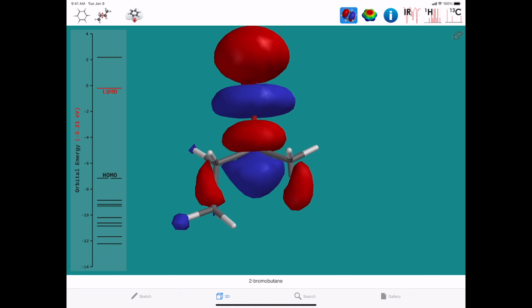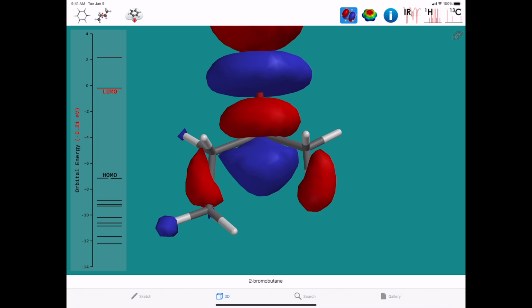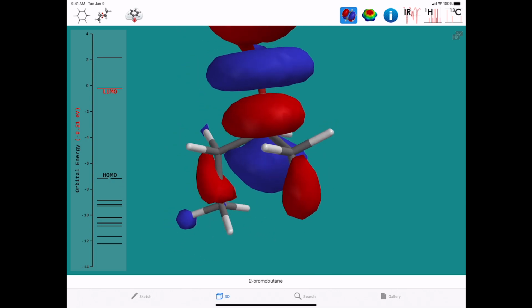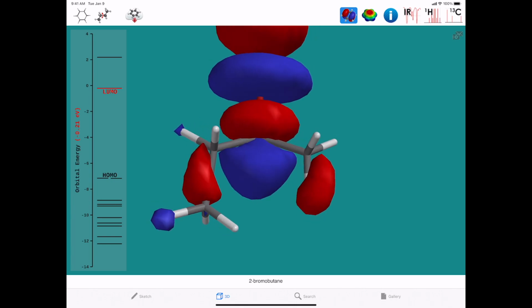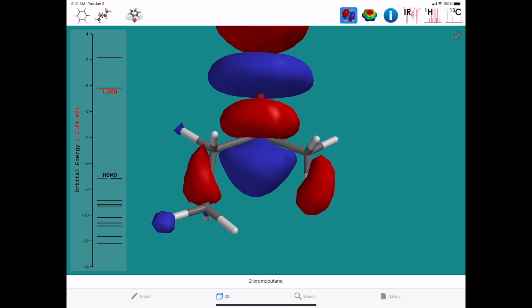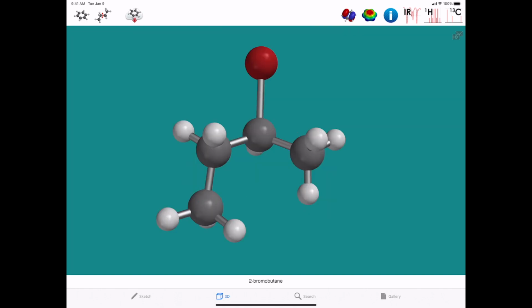And what we need to do right now is talk about why some of the LUMO is on those adjacent atoms. And I want to focus your attention on this one on the right. There is LUMO on a hydrogen that is adjacent to where the leaving group is.